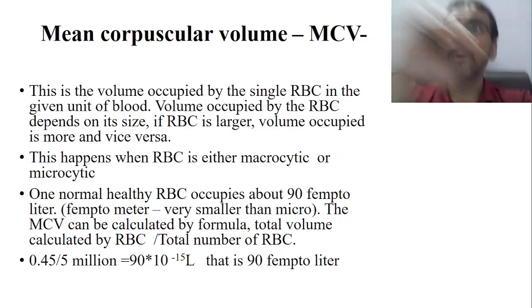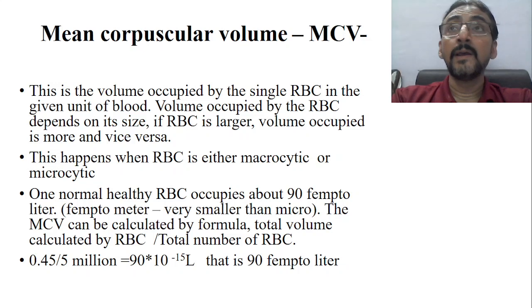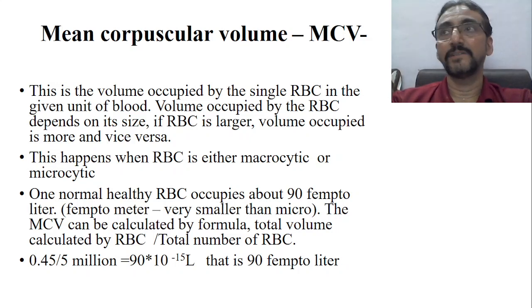Okay. Now, take a normal person. In a normal healthy person, a normal RBC, मतलब normocytic, जो normocytic RBC है, that occupies about 90 femtoliter. Femtoliter. कितना volume? Femtoliter. Femtoliter उसका unit है. ठीक है, femtoliter.